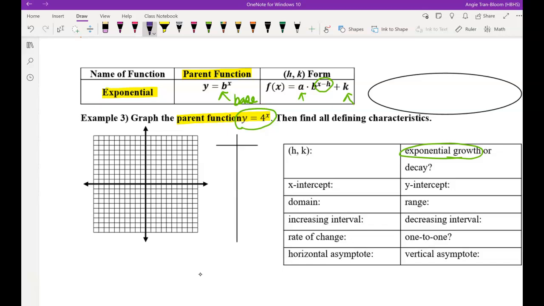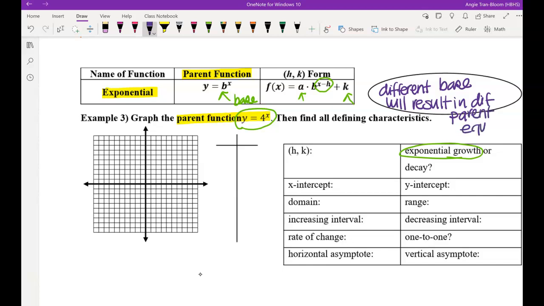You will have different bases, okay? So different bases will result in different parent equations.